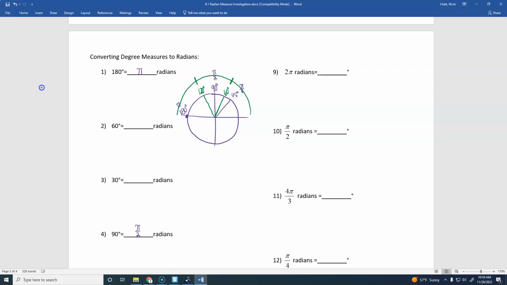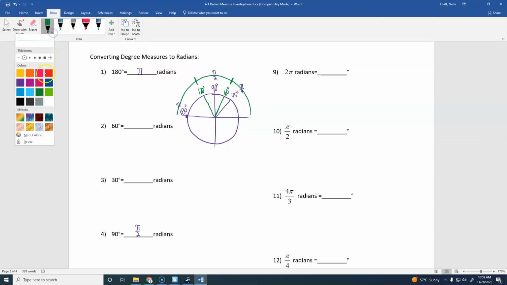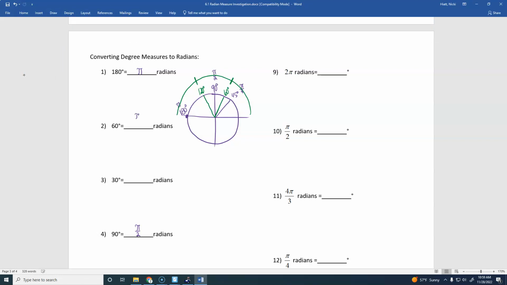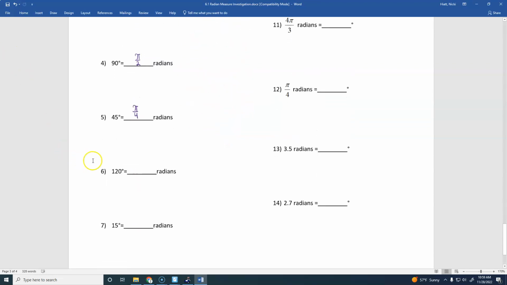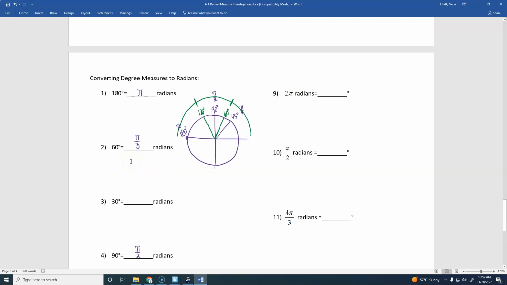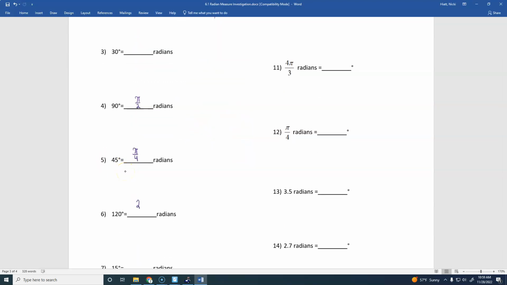So what would 60 degrees be? It'd be pi over 3. Then what about 120? If this is pi over 3, and you've got another pi over 3 right here, it would be 2 pi over 3. So we can do a lot of work just reasoning between these.